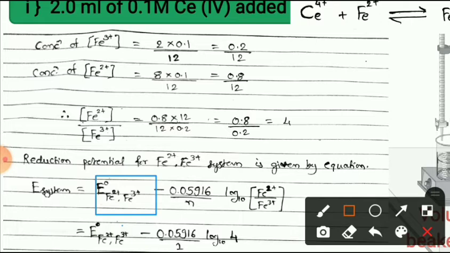Here n is the number of electrons participating in the reaction, that is 1, and the standard electrode potential E0 is 0.771 volt.